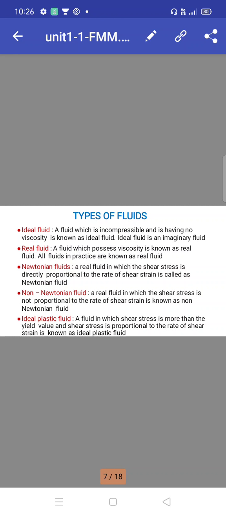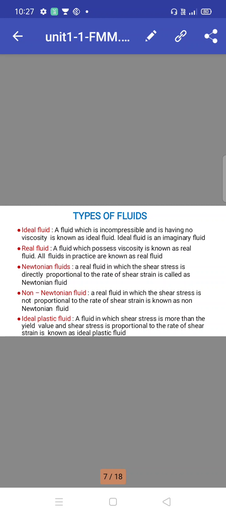For Newtonian, non-Newtonian, real or ideal fluids, we consider everything from the origin, where x equals 0 and y equals 0. But in an ideal plastic fluid, the yield value starts with some positive value, not from 0.